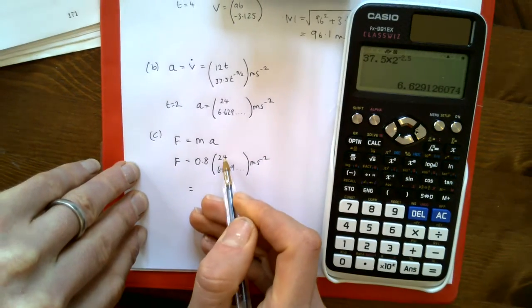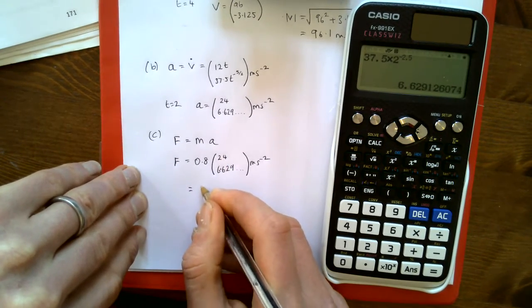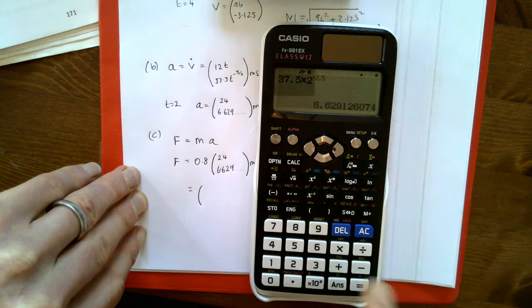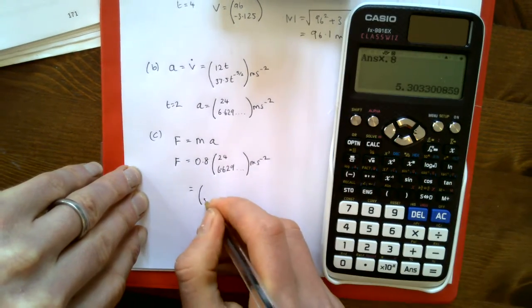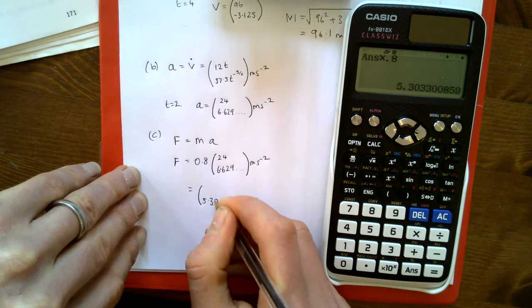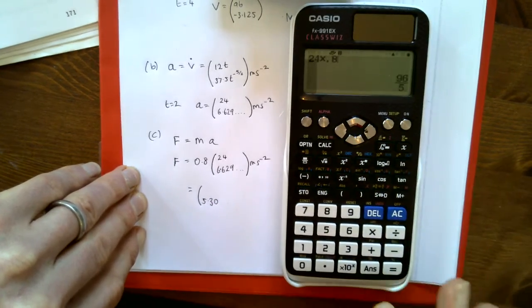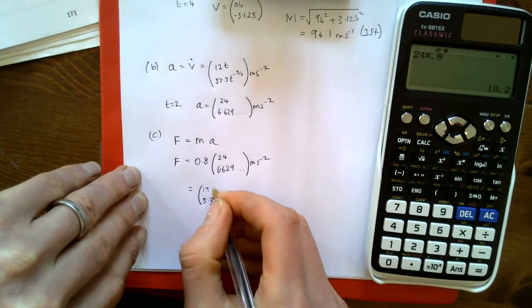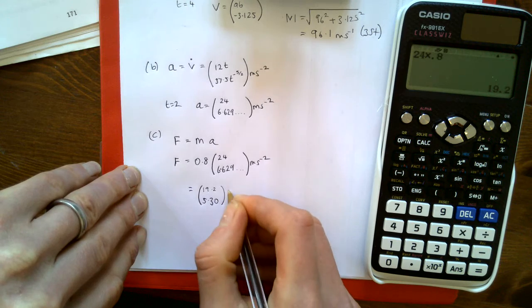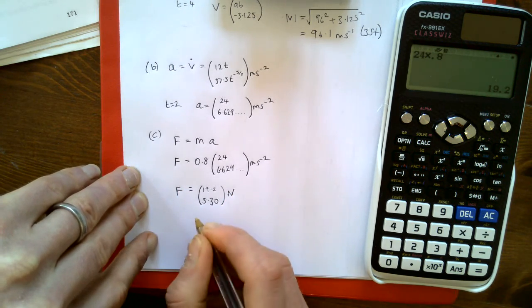So 0.8 times 24. I'm going to do that second, just because it's easier to times this number by 0.8 first. So the bottom number is 5.30 to 3 significant figures, and the top is 19.2. And force is in newtons. Have we answered the question? Yes, we have.